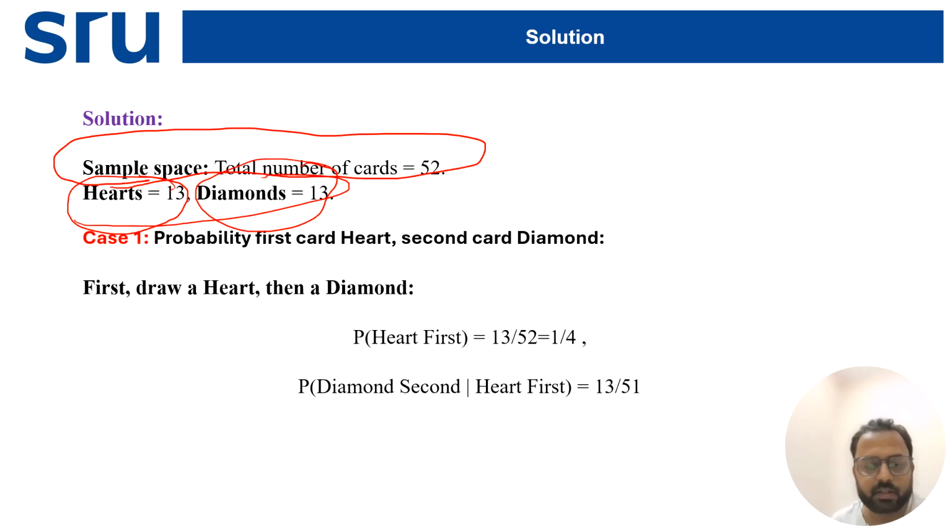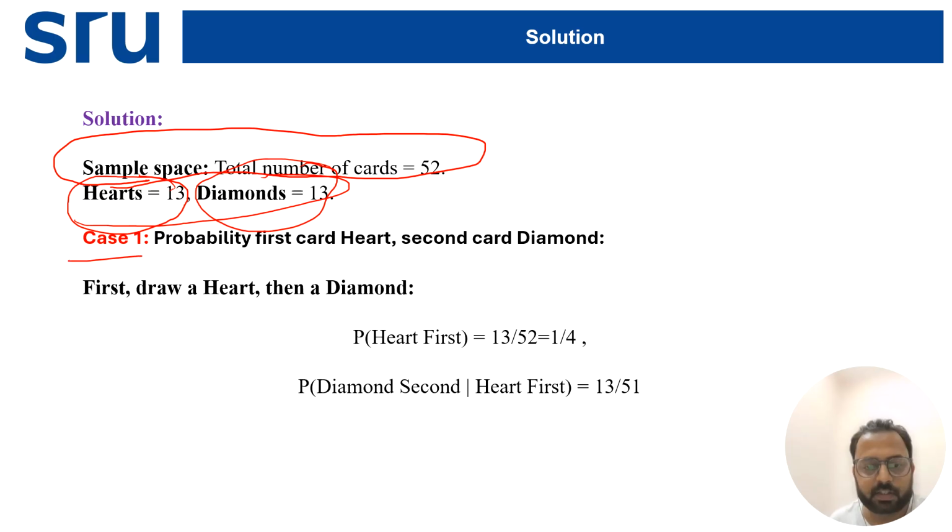There are two cases for selecting a heart and a diamond. In the first case, we first select a heart and then a diamond. In the second case, we first select a diamond and then a heart.